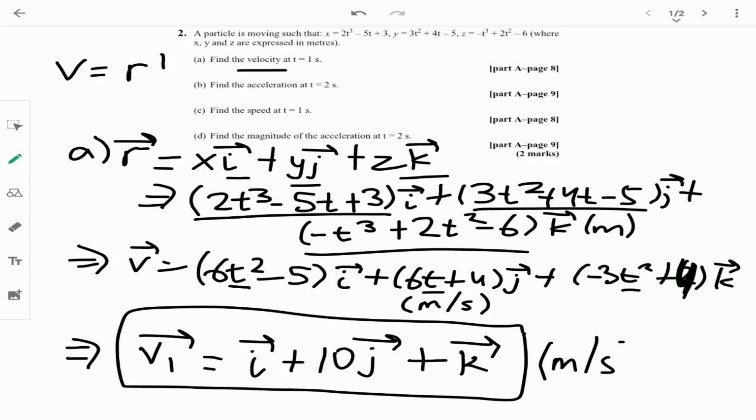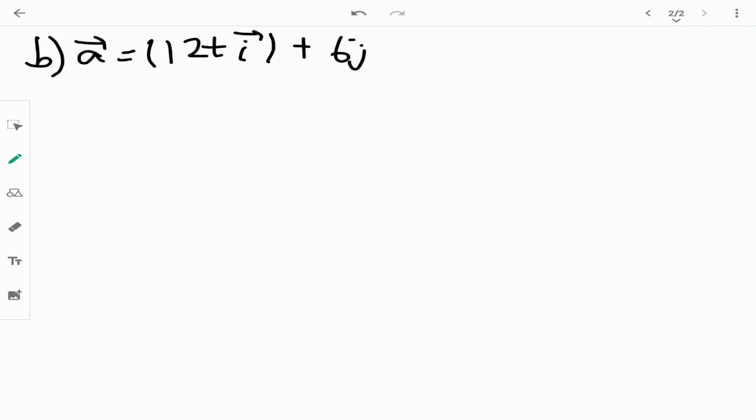Let's go to part B. Since we had the velocity from before and they're asking us to find the acceleration at 2 seconds, all we have to do again is differentiate the velocity, and when you differentiate the velocity you're supposed to get 12t i plus 6j minus 6t plus 4 k meters per second squared.